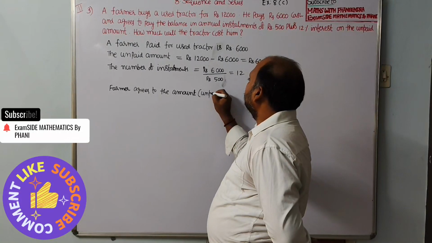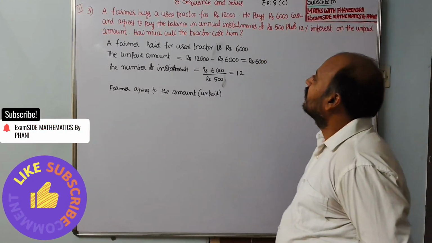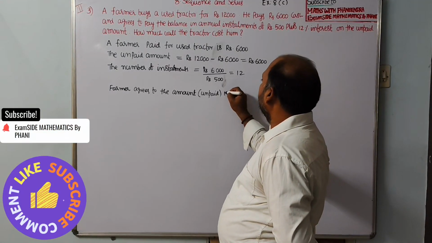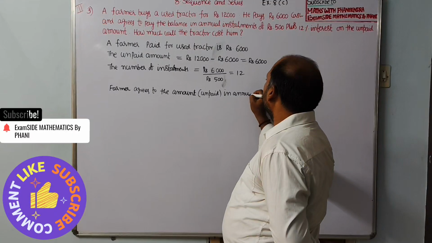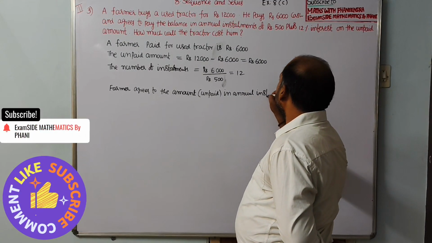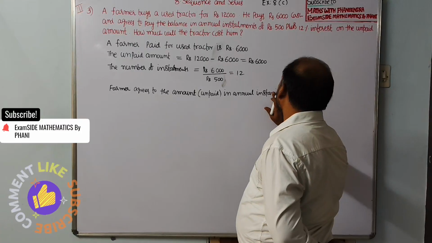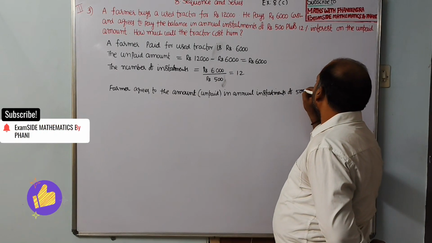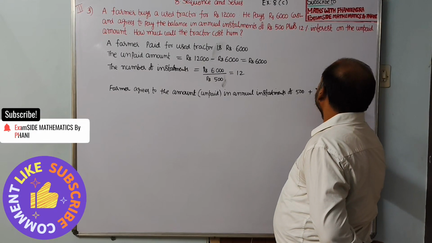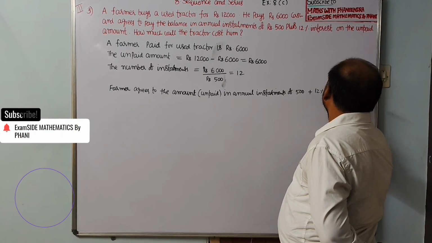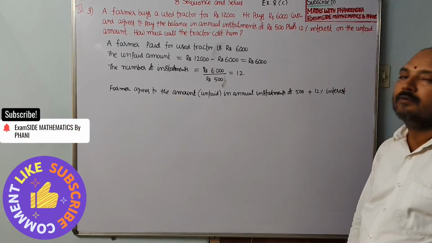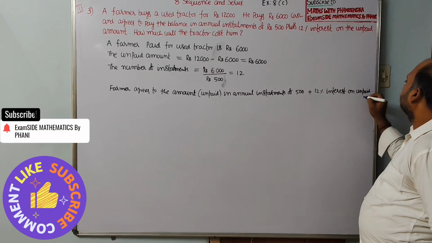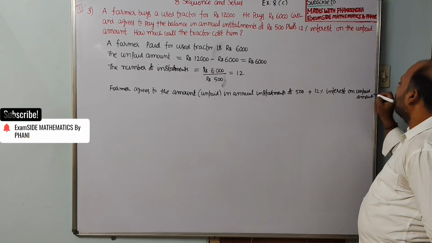Amount means unpaid balance amount, in annual installments of 500 rupees plus 12% interest on the unpaid amount. Okay, dear students, till here you got clarity, no?